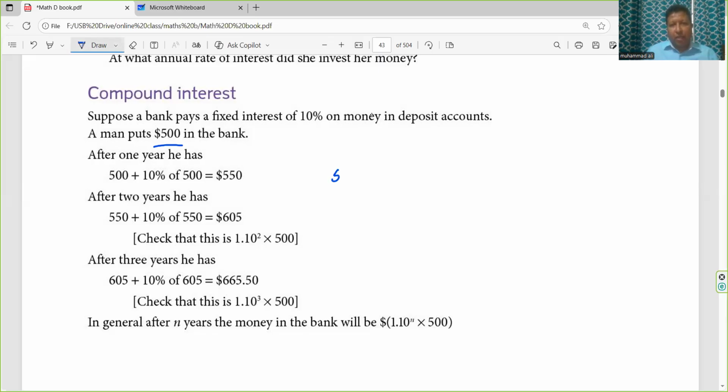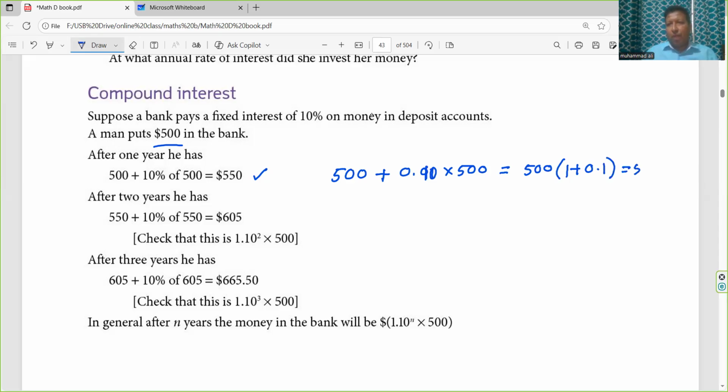After 1 year, he has 500 plus 10% of 500. If I write it like 500 plus 10%, that means 0.1 multiplied by 500. Or if we take 500 common here, it will be 1 plus 0.1, which is 1.1.